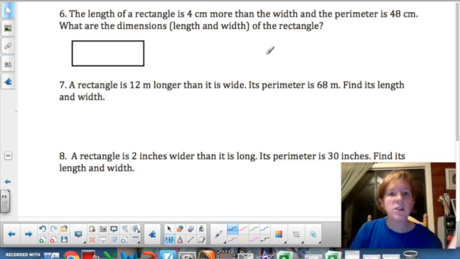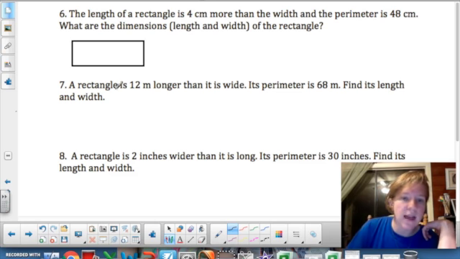All right, so again, we did that lesson translating algebraic expressions for a reason. It prepares us for these word problems. So the length of a rectangle is 4 centimeters more than the width. Well, we're going to go ahead and say that this is going to be my width.